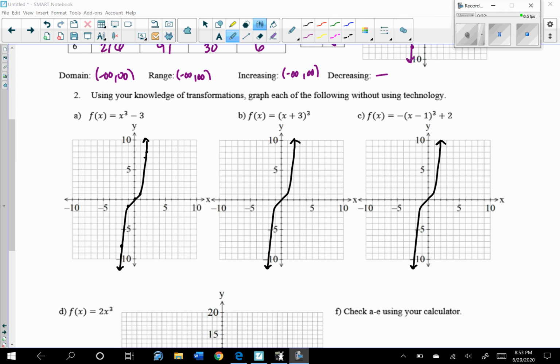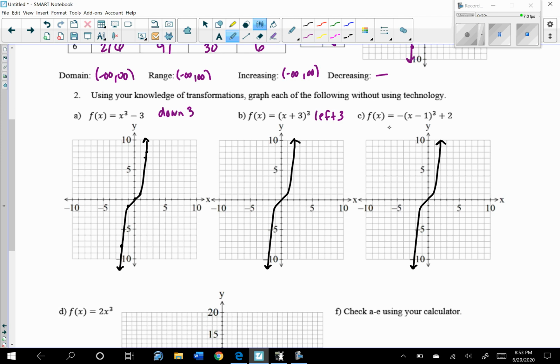And now I can use my transformation. So this is not on the inside of what's being cubed. So remember, when it's not on the inside, that moves it down 3. We look at this one, notice that this one is on the inside being cubed. So that means this is a horizontal movement. So if it's plus 3, remember that moves it left 3.